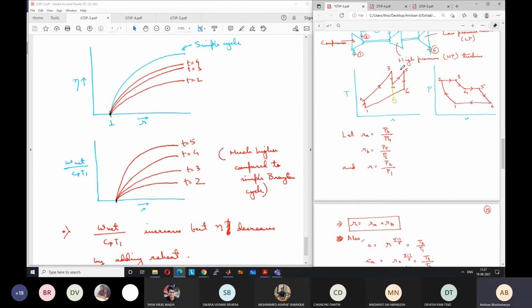Constant pressure lines in a TS diagram, how do they look like? Are they parallel? Sir, they diverge. They diverge.